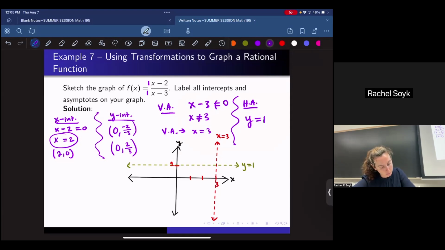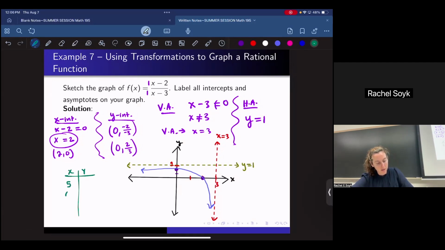Right, 2 comma 0, and then 0 comma 2/3. Might have to plot a few more points. Let's choose maybe some points greater than 3. So 5 and 6. We'll just create a little T-chart off to the side.